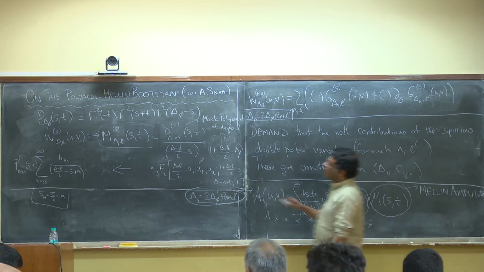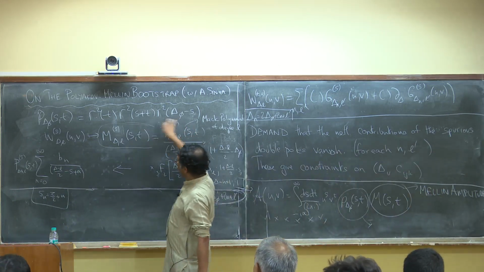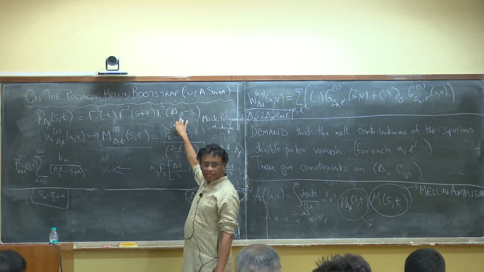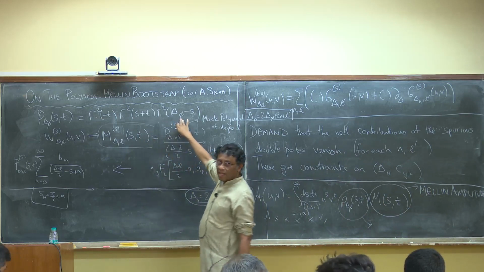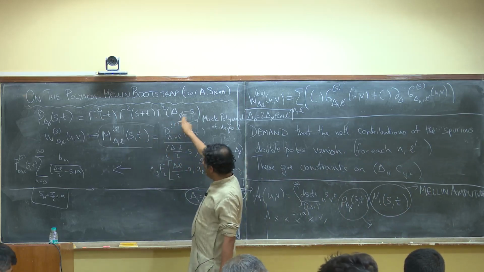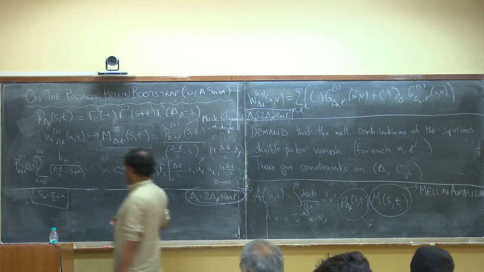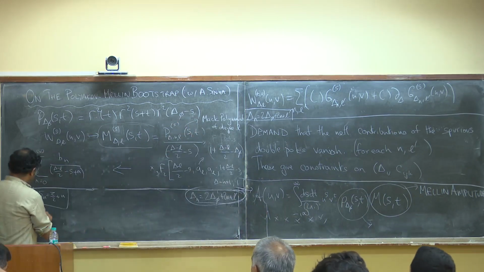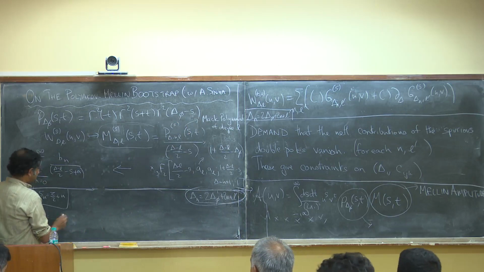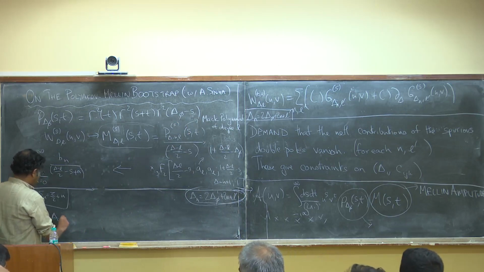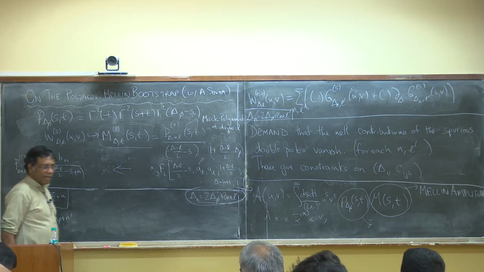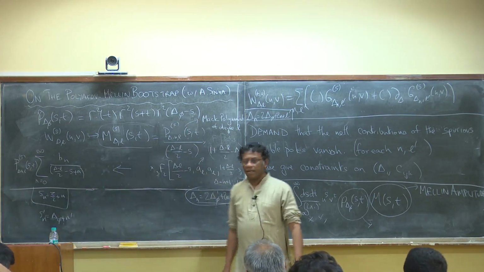That measure factor, you see, also has some poles in S. So those poles are also at S equal to S prime n, which is at delta phi plus some n prime. Right?